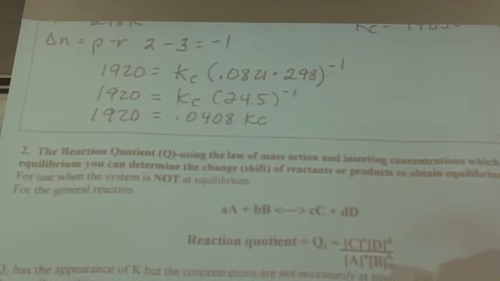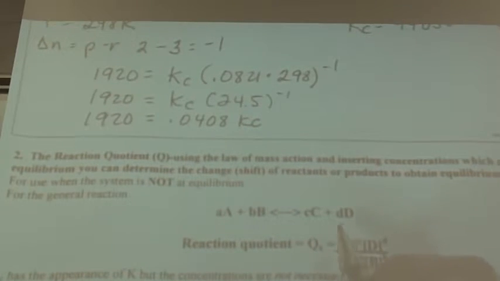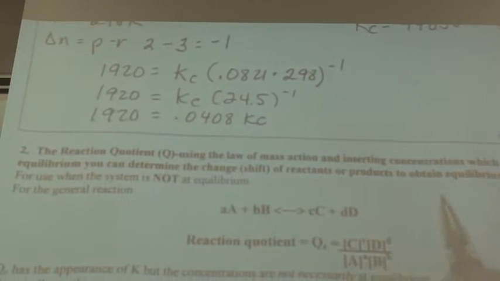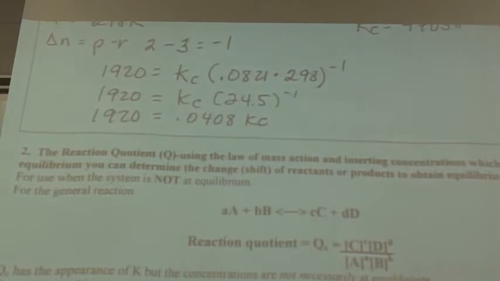If Q is a smaller number, that means that this is too small while this is too large. In order for the reaction to get to equilibrium, which it will, you'd have to shift to the right. Reactants would have to be made so this value got bigger, which would force this value to get smaller. Are you good there? Hang on, I can make it easier.